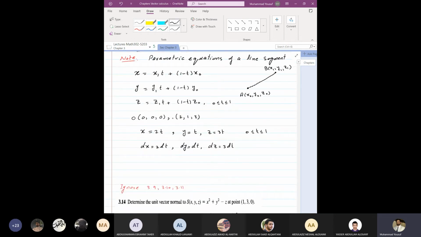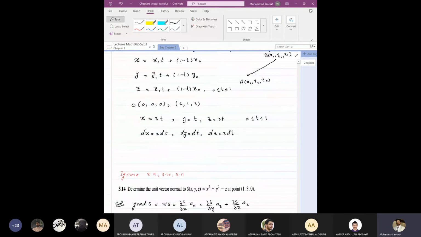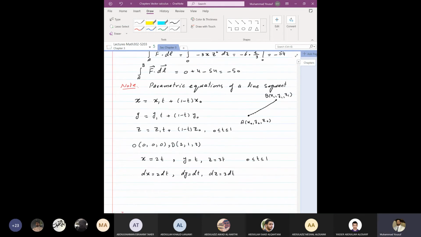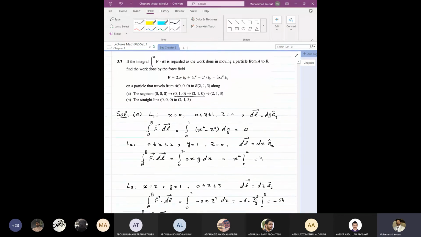A, B, C, D. These are 4 points, A, B, C, D. So let us say D. Then the integral from O to D of F dot dl, from 0 to 1, F. Okay, let me show you what F is.